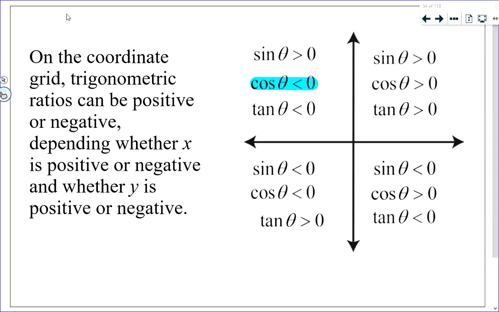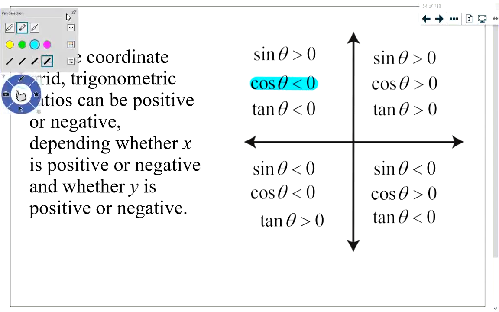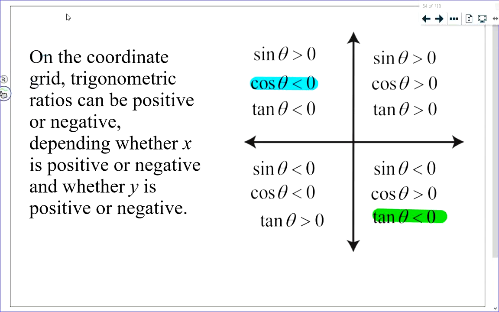If I say to you, well, what is tangent of theta in quadrant 4? I would say to myself, well, I know tangent of theta is y over x, and in quadrant 4, x is positive and y is negative, so I would have negative over positive, which is negative.